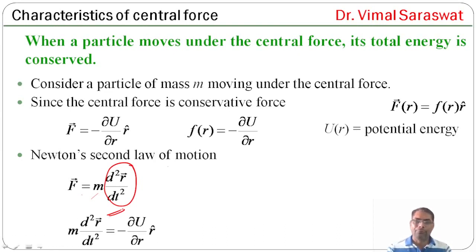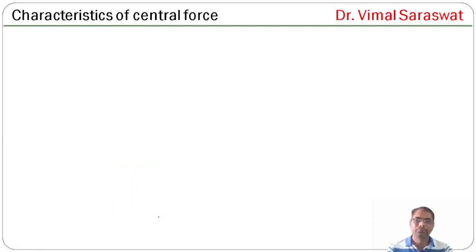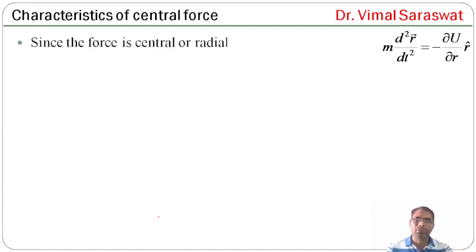Now, if we compare these two equations, then m d2r upon dt2 is equal to minus del u by del r into r cap.